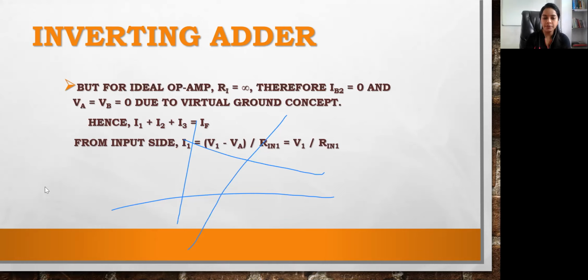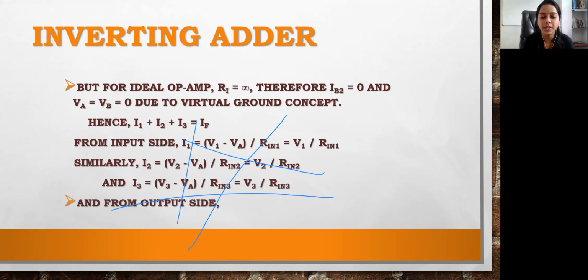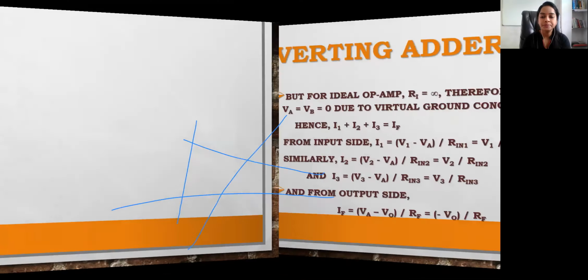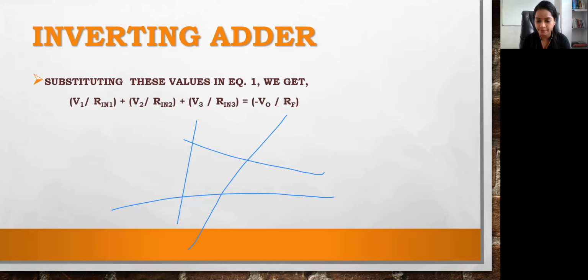So we have V1 minus Va divided by Rin1, so I1 is equal to V1 by Rin1. Similarly we have done for I2 and I3, and we put all these three values in our equation number 1, that is, I1 plus I2 plus I3 is equal to IF. These are the values of I1, I2, I3 and IF.